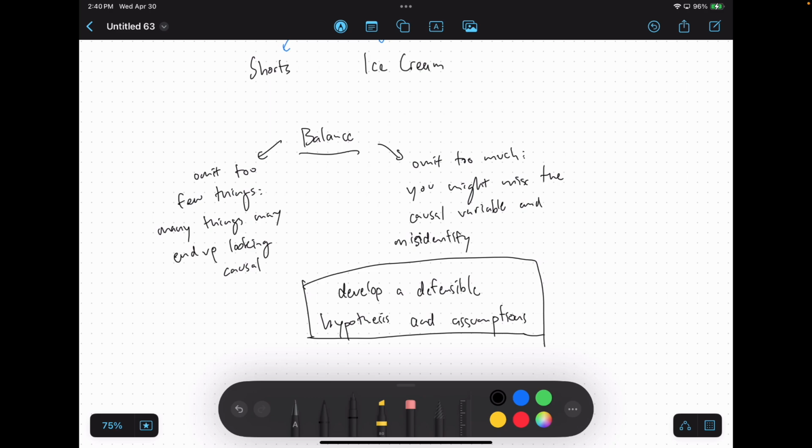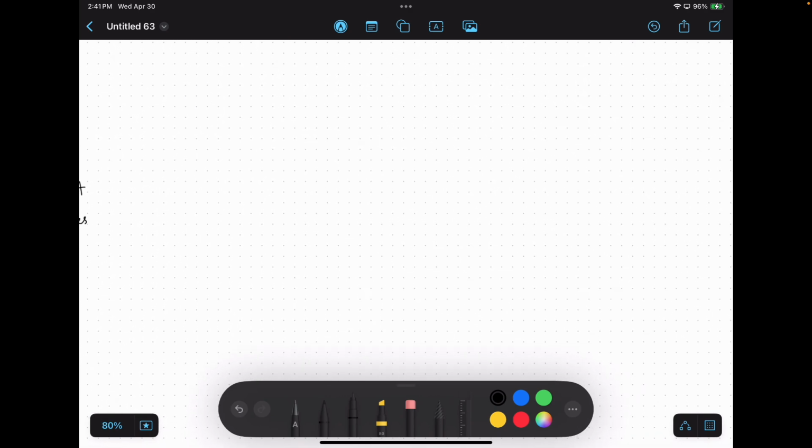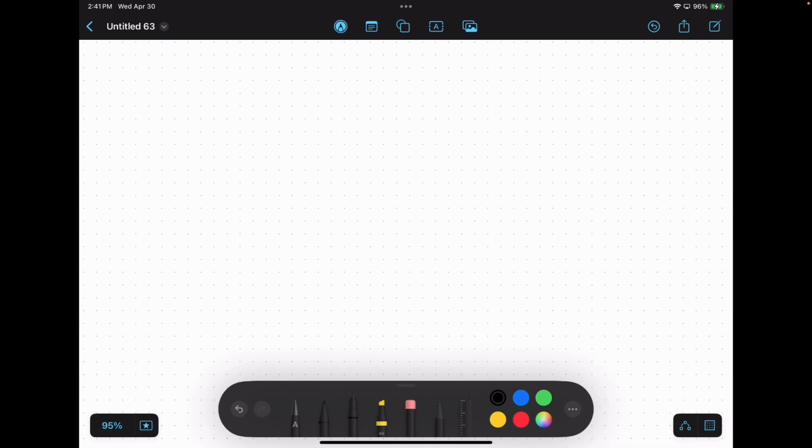Let's talk about other sorts of variables that might show up. So one is this latent variable, which are your unobserved variables that you will want to include. Another possible variable to think about is known as a moderator.